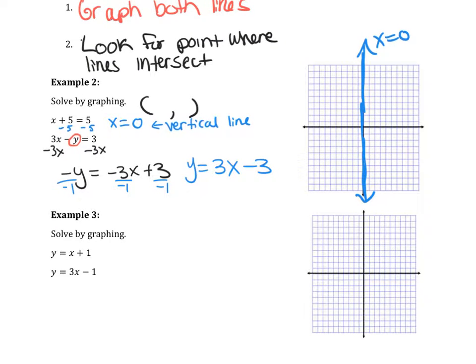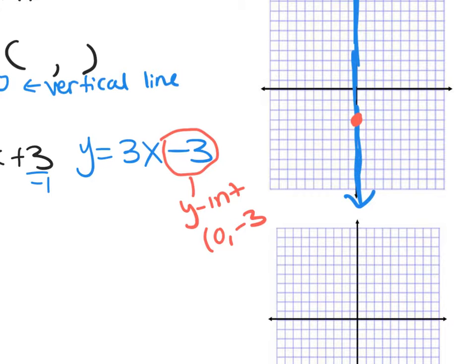To graph it, our b term, or our y-intercept, is whatever number is not attached to the x, the constant. See, that's a constant. So the y-intercept is (0, -3). Then our slope is the number in front of x.